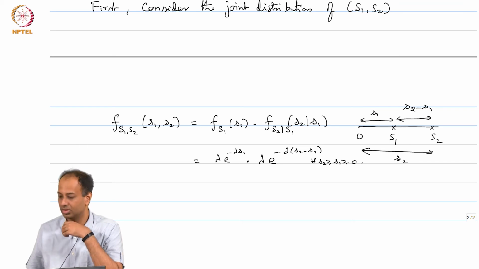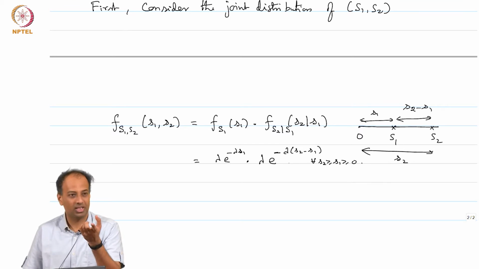Any questions? I am just using the fact that conditioned on S1, S2 minus S1 is an exponential, S2 minus x1 is x2, right, that is all that I am using, clear.